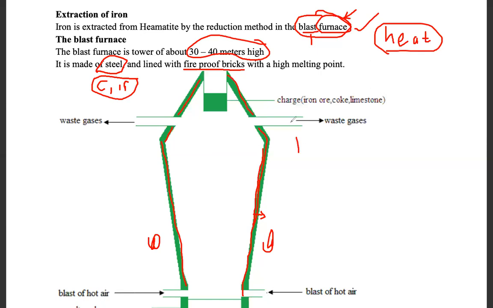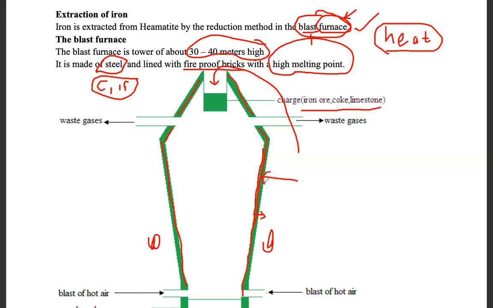But every now and then this machine should be loaded with charge, because the extraction is an ongoing process. If that doesn't happen, this thing can melt. So the only way we can prevent the melting is that this machine should have a high melting point. So they do ask questions to say, what are the physical properties of a blast furnace?